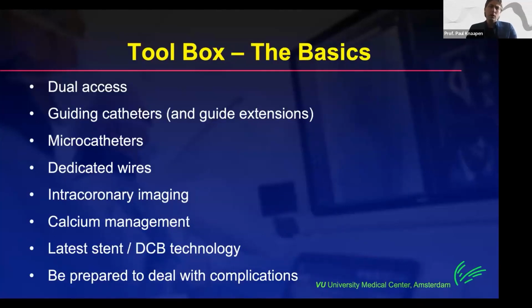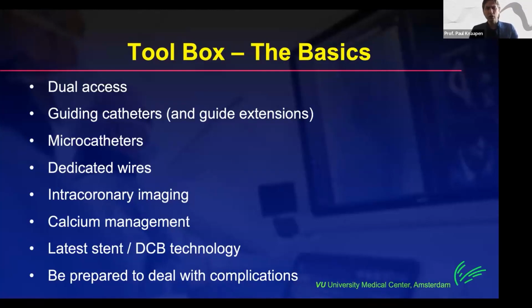So when you talk about toolbox, when you start embarking on CTOs, there are the basics. First of all, it's dual arterial access. It's virtually in all cases that you need them, apart from those where you need ipsilateral collaterals and maybe a single guide suffices, but in general, dual arterial access. And also the guiding catheters are a little bit different.